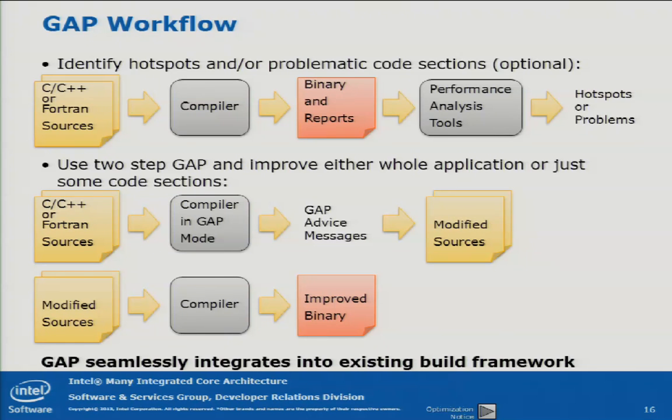You turn on the GAP feature for this particular source file, module, runtime, Fortran routine, whatever. You get the advice messages. You implement them. Hopefully they are correct. This is your part of the story, to tell the compiler or make an assessment whether the code modification is actually possible or not.